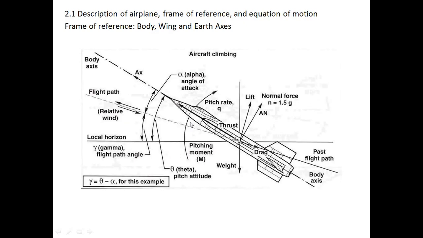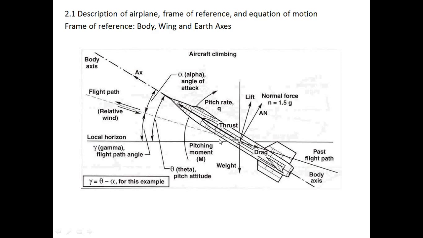If you look from sideways, in detail, this line, the ax, represents the body axis. This line, a little bit blurry here, is called the wind axis, which is basically the flight path of the plane. So the plane is oriented this way, but it's actually moving in this direction. And this line is the local horizon, or the x-axis of the Earth axis.